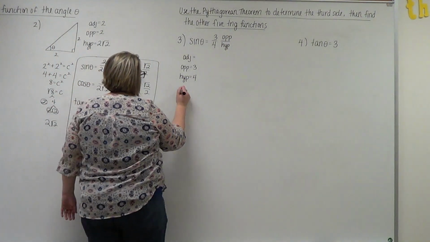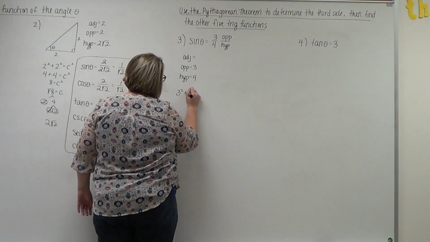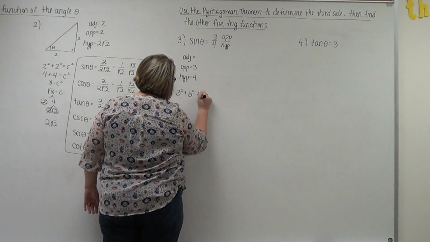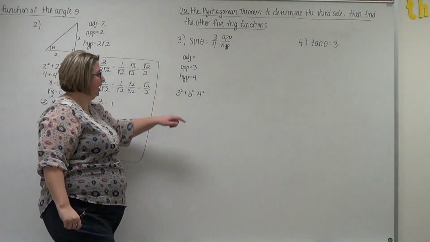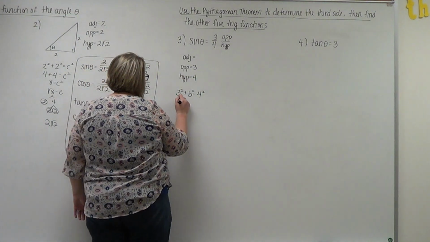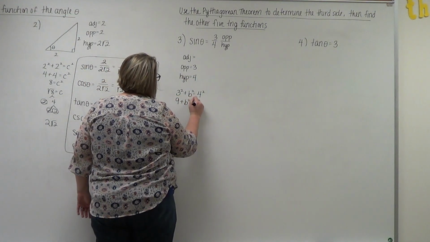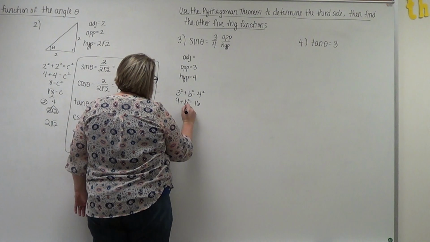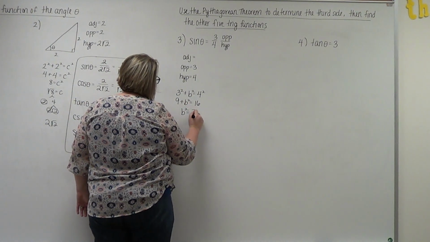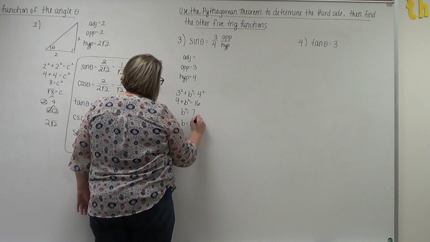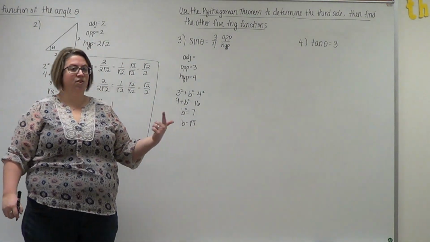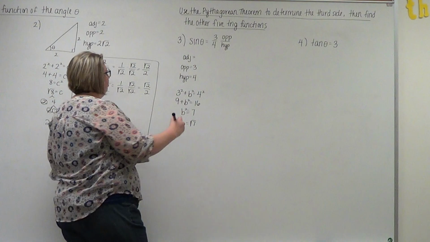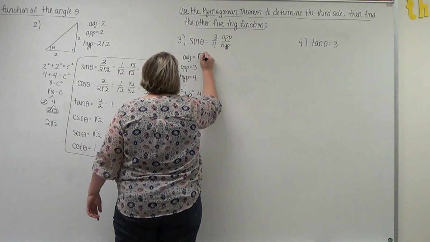So I would have 3 squared plus b squared equals 4 squared, because this time you're given the hypotenuse. So we're solving for one of the sides. So this would be 9 plus b squared equals 16. B squared equals 7. So that means b is the square root of 7. Okay, 7 is not perfect, but 7 also doesn't reduce any further, so that is going to be our adjacent side.